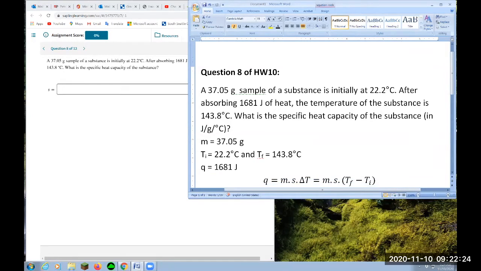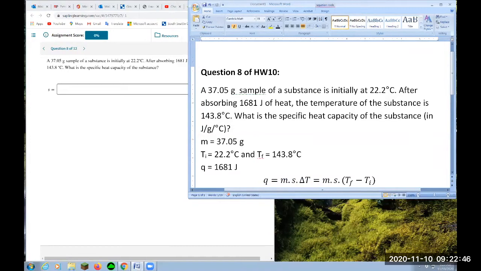So we will need to use the heat equation that says Q equals m s delta T. M is the mass, S is the specific heat capacity, and delta T is the temperature change, so Tf minus Ti. And we are looking for the specific heat capacity. So we will need to rearrange this equation such that we have S equal to the rest of the variables.